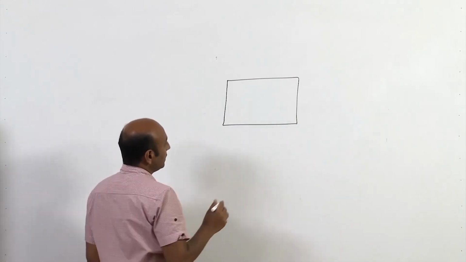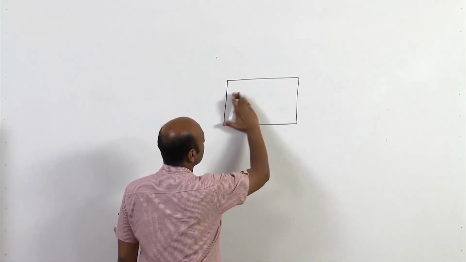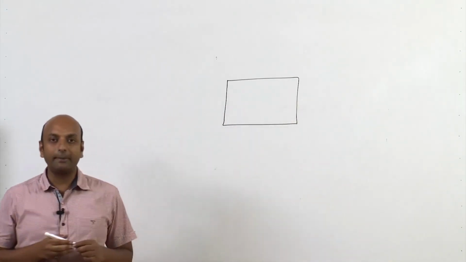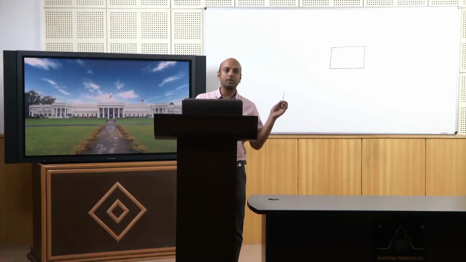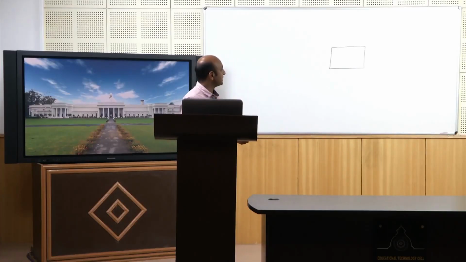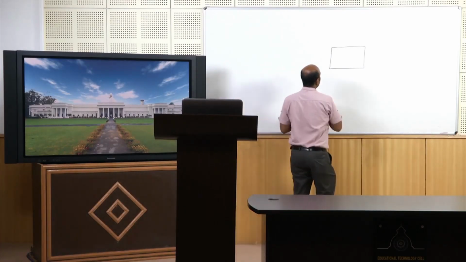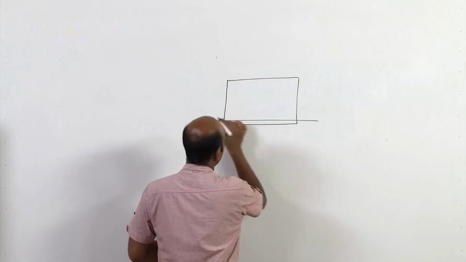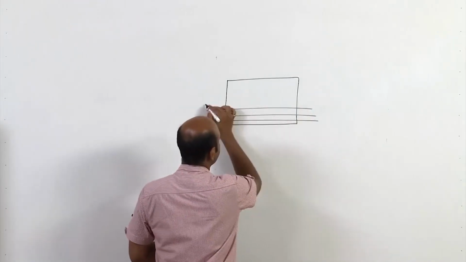Now to define the double integral of f over this rectangle, we first divide this rectangle into a number of vertical and horizontal strips.